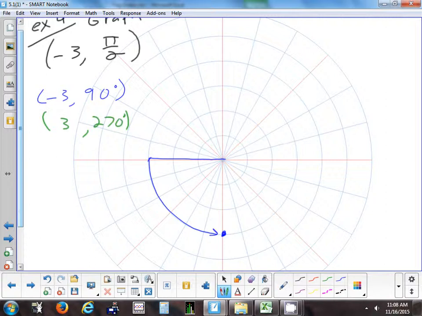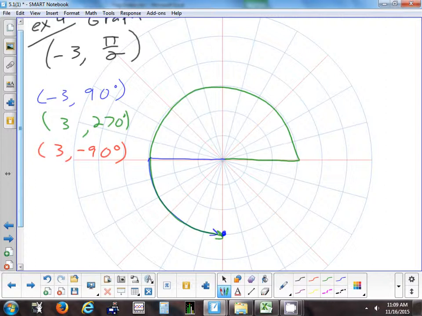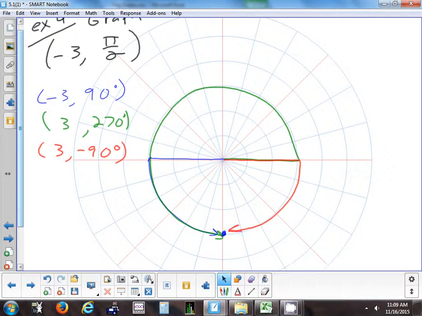So if we did it that way, we'd go right 3, 270. Yep, perfect. That would bring you to the same spot. Anybody give me another one? John? 3, negative 90. Yep, that's another one. You could go right 3, and then negative 90. And there's one more.